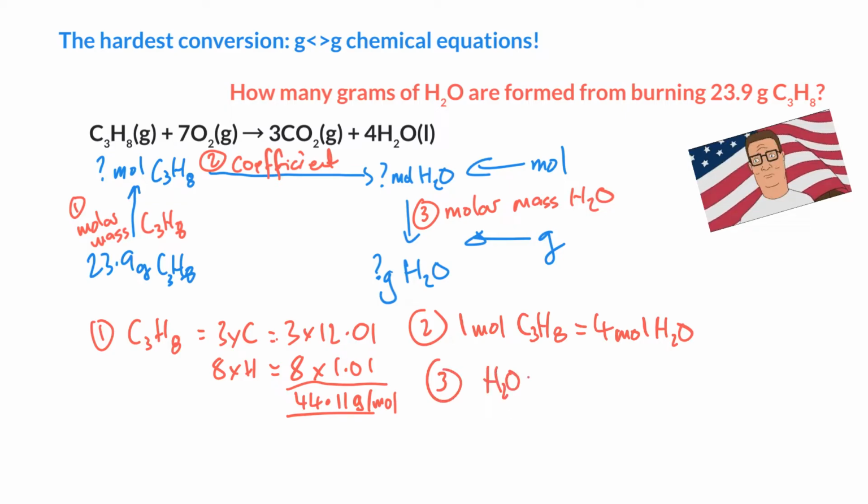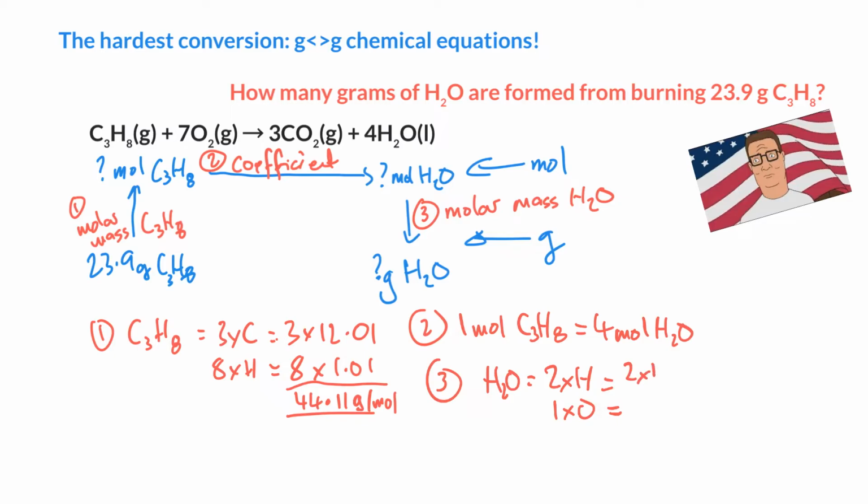And finally, we can take the water. The water, of course, is made of 2 H's and 1 O. And notice in the balanced chemical equation there are 4 waters, but we don't multiply by 4 here because step 2 actually takes care of that 4. If we multiply by 4 and multiply by 4, we've done it twice. That's one time more than we need.